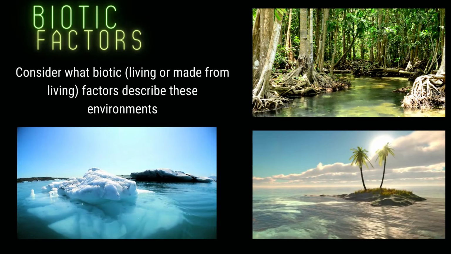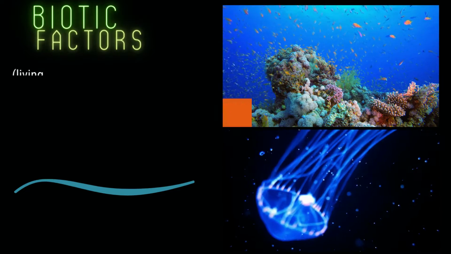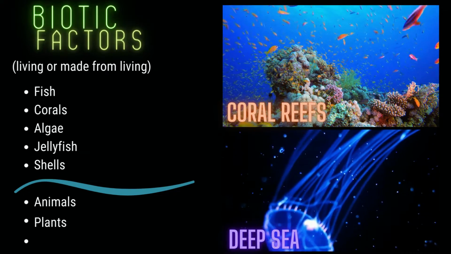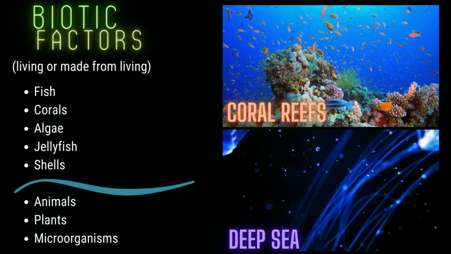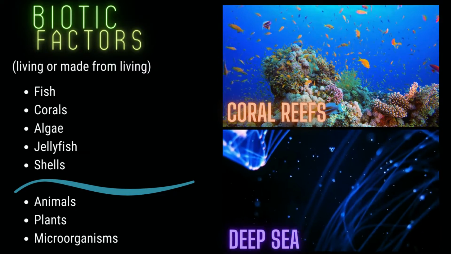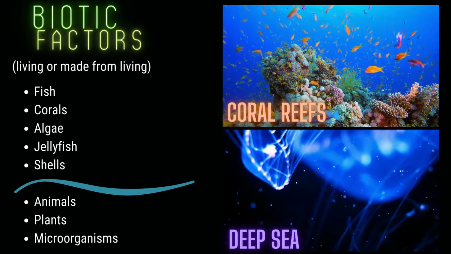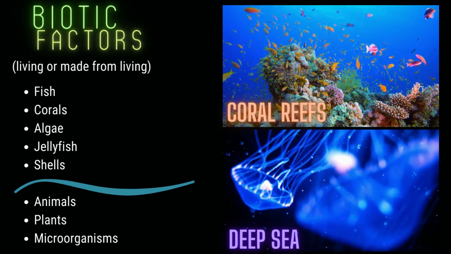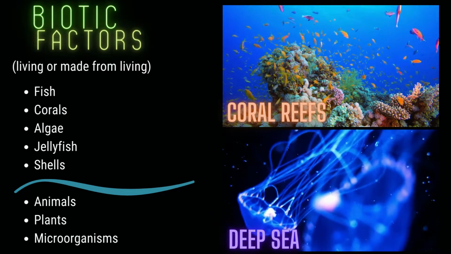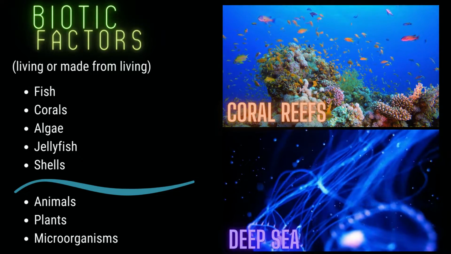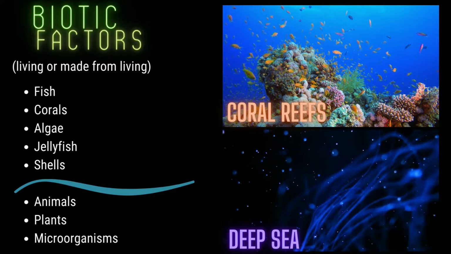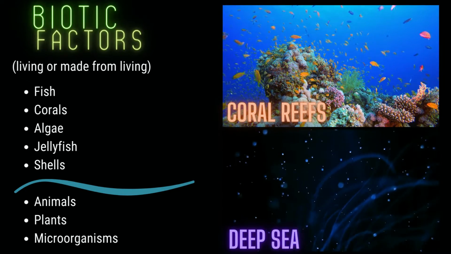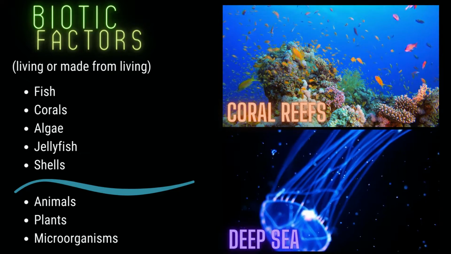Let's look at other ocean environments again. In the top, you can see our coral reef ecosystem again. And in the video, you can see a lot of fish swimming around. You can understand there are corals, possibly algae, jellyfish, and shells. Shells are made from living organisms, so they are considered biotic.